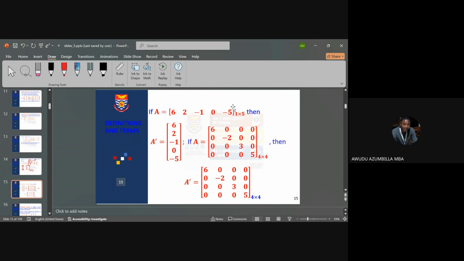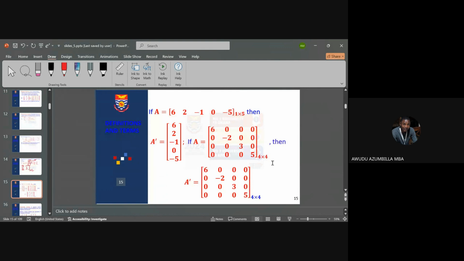So we can interchange the rows and columns. Instead of writing it horizontally, you write it vertically. This is what we are going to get: the transpose of this one becomes 6, 2, -1 and 0.5. You are just writing this one vertically, and that means you are taking the transpose.